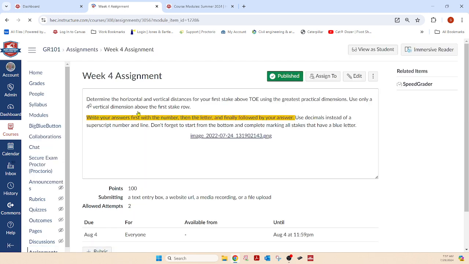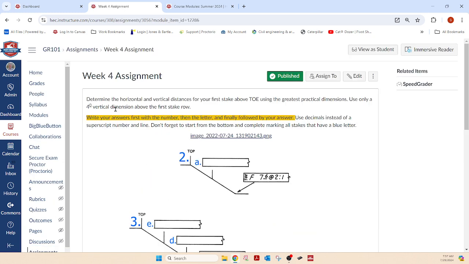Now, pretty good directions: determine the horizontal and the vertical distance for your first stake above toe using the greatest practical dimensions. In other words, that's the highest multiple of 4 that can be subtracted from the total fill.